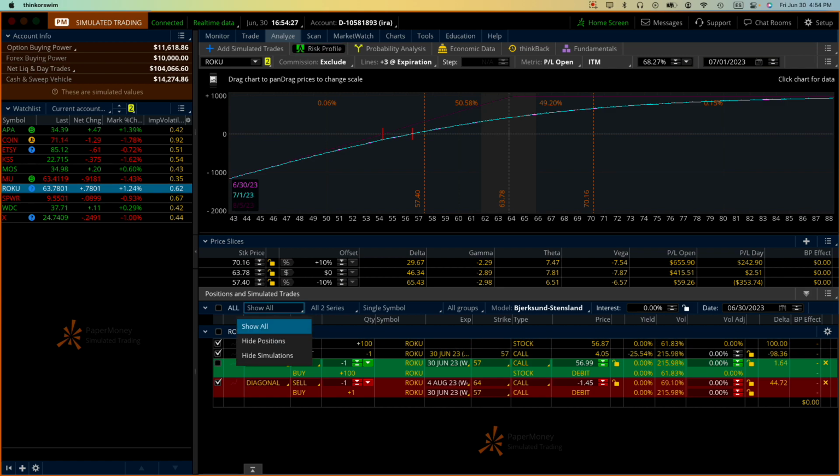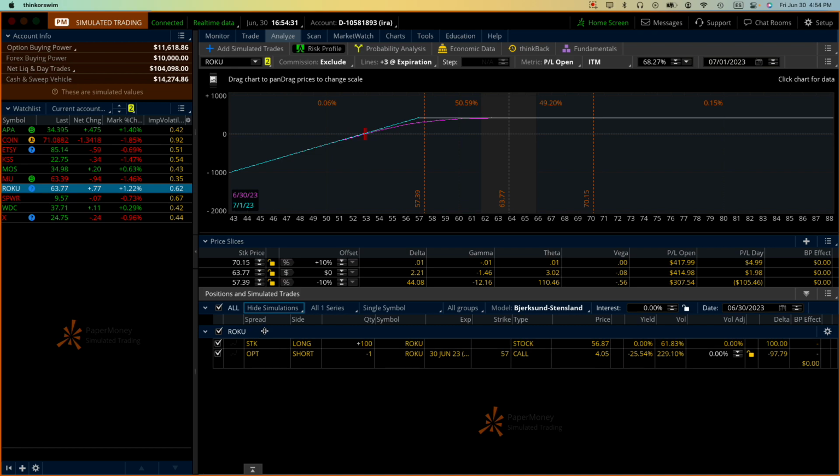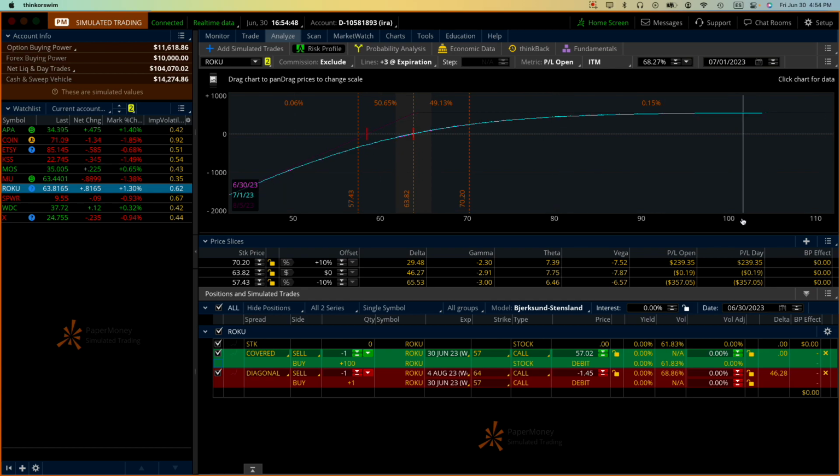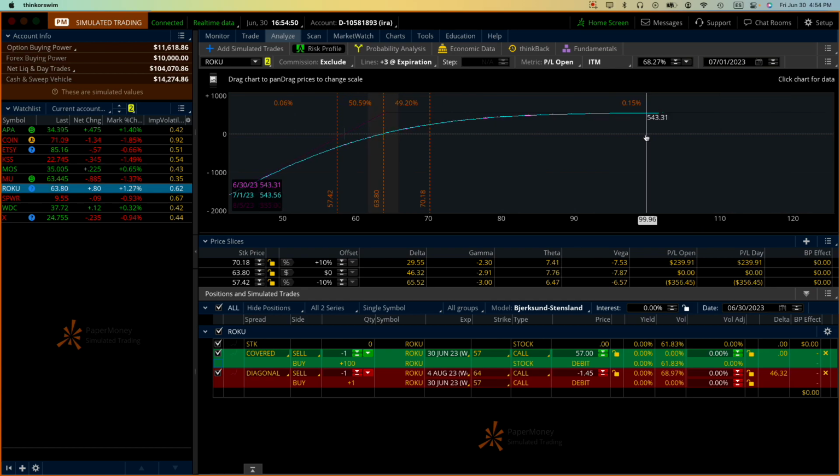But look at it from this perspective. Hide the simulation. You can see here that we have $418 accumulated. If we do this trade, we will get a potential, unfortunately, I can't tell you that, but here a potential of $543.